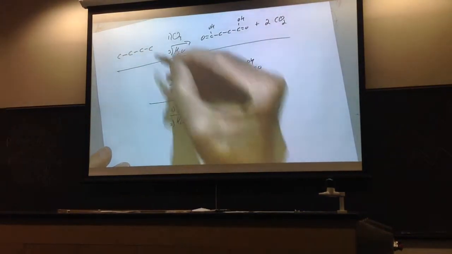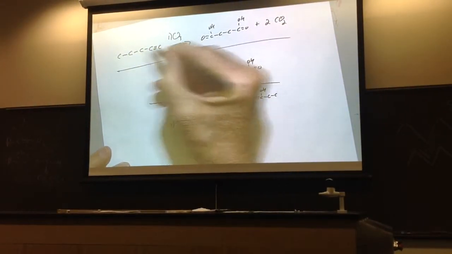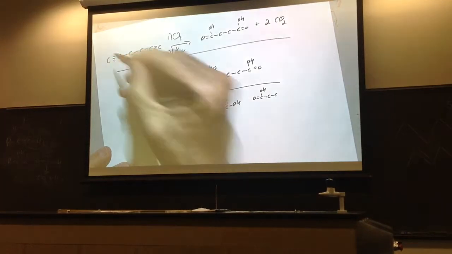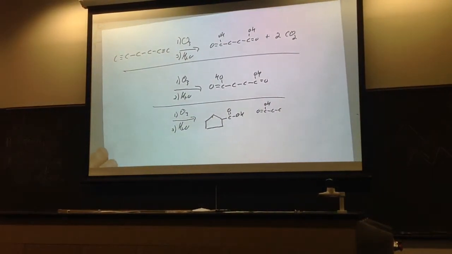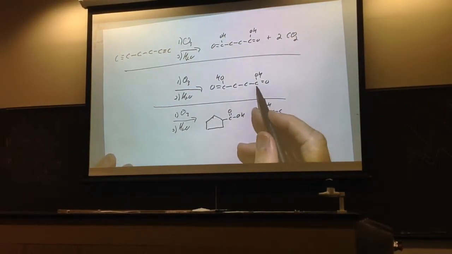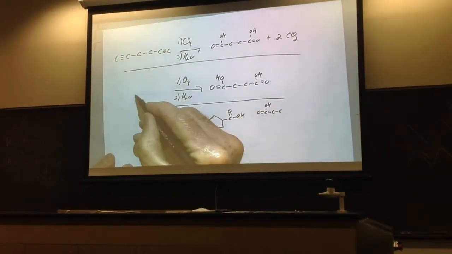This first one, hopefully you get something like this. That would give you 2 moles of carbon dioxide and then a dicarboxylic acid containing 4 carbons. The second one would be a ring compound.